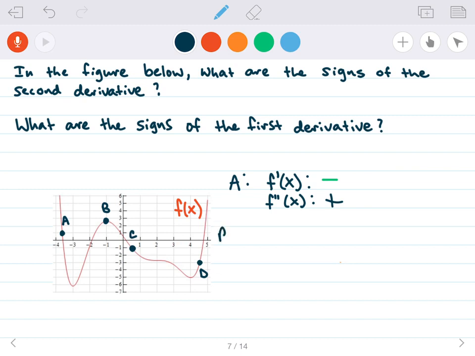All right, let's look at part B. So it appears that B is on that flat top of the curve. And remember, at any flat point, the line tangent to that point is going to have a slope of 0 because it's horizontal. Okay, so our slope here is 0, and that means the sign of f prime of x at that particular point is going to be 0.